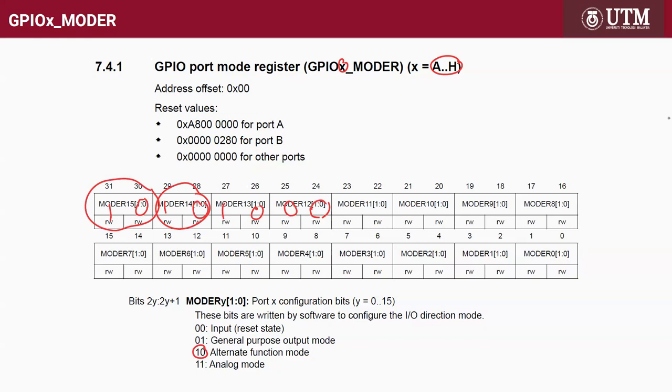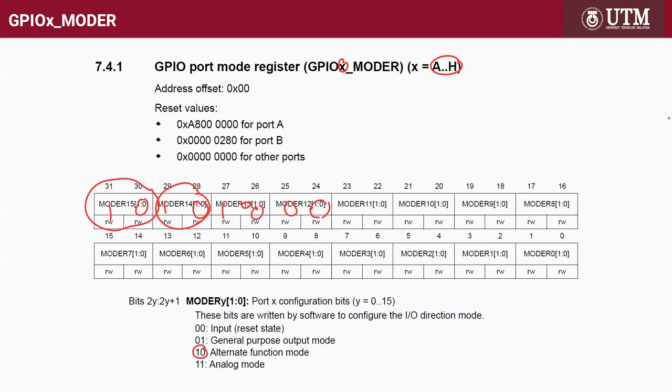Same thing with bit number 13. Okay, see this number here. So that is this 2-bit control. Each bit pair controls 1 bit or one pin. So you should not change this line because this is the default value.